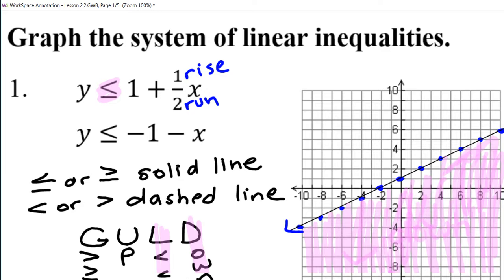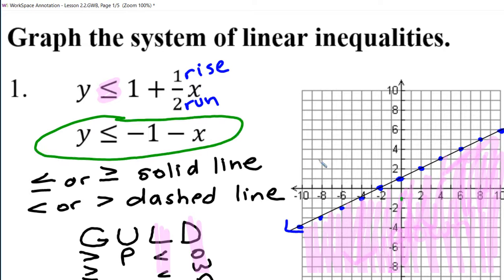Now we're going to switch to green and graph line 2. Looking at this inequality, what is the y-intercept? Negative 1, so we need to start at negative 1. The slope is the coefficient in front of x. What value is in front of the x? Negative 1.